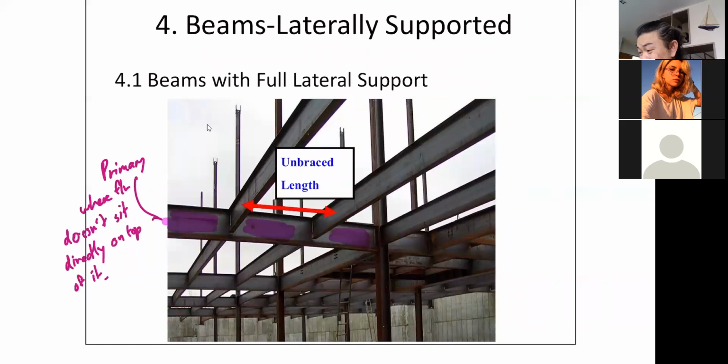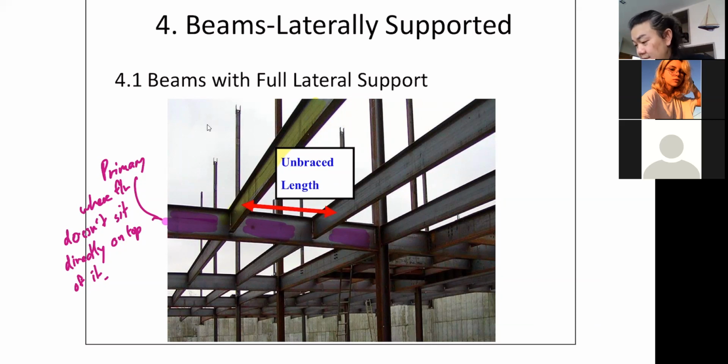This is the secondary beam, the one where you have the floor on top. For the secondary one where the floor is on top, automatically we can say that the unbraced length is 0. But for the primary one, there's no floor to help brace.